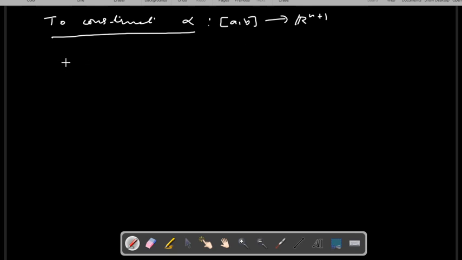I'm going to define it in such a way that the first condition is satisfied: alpha of a must come as P and alpha of b must come as Q. So P and Q must be joined by this path.